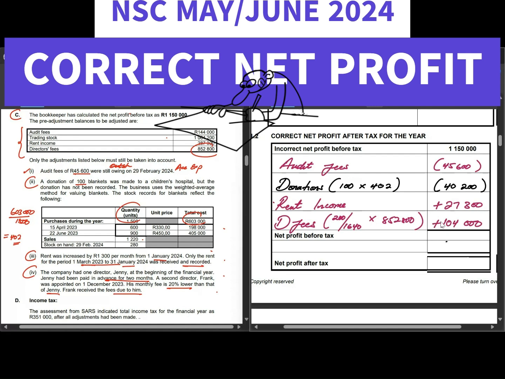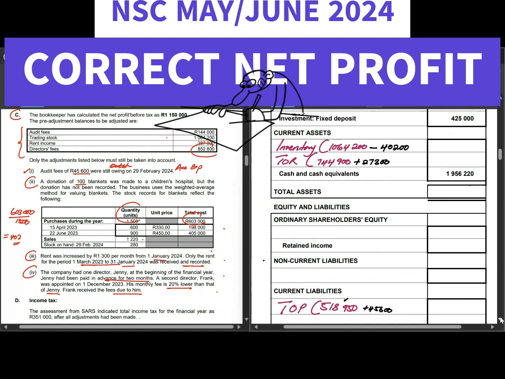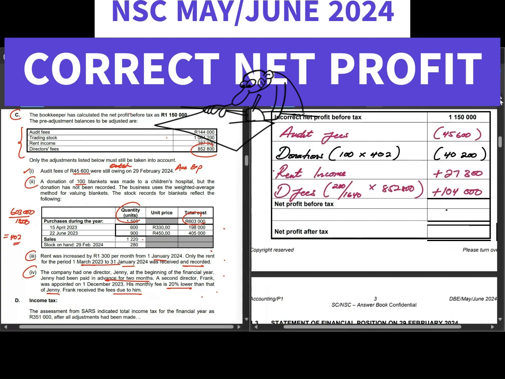Definitely I'm adding it to my net profit because I had overstated my expense. So I'll then come, remember, in the statement of financial position. Once I have a prepaid expense, therefore I come to my trade and other receivables, and I'm coming to say plus 104,000, like that.